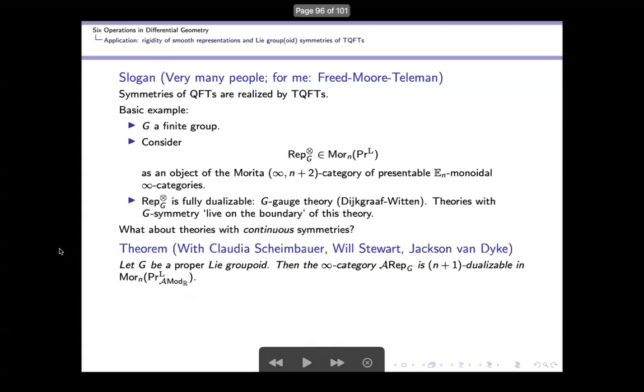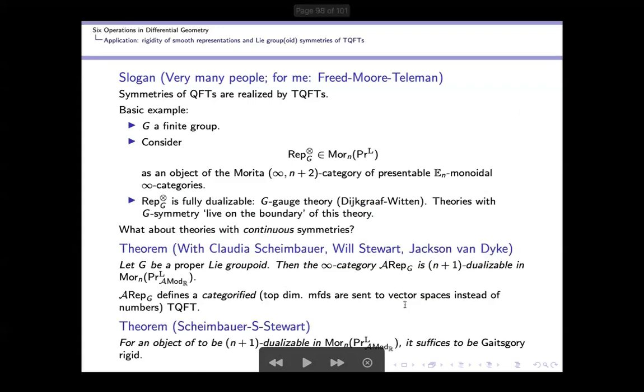What you can show with this formalism is that this category of representations for a group has very strong dualizability properties in certain higher categories of vector spaces. According to the cobordism hypothesis, giving a highly dualizable object in some n-category is the same as giving a fully extended topological quantum field theory that takes the point to that object.